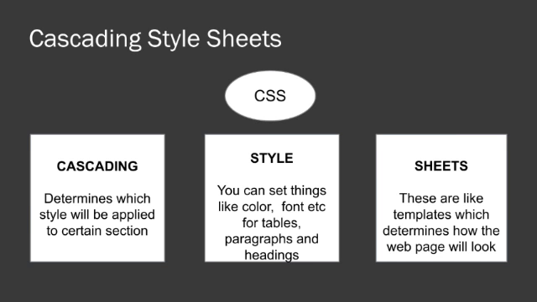In HTML, cascading determines which style we need to apply in the web page. Style can set the color and the font for the tables, paragraphs, and headings that we are using in the web page. Sheets are the templates which determine how the web page will look.